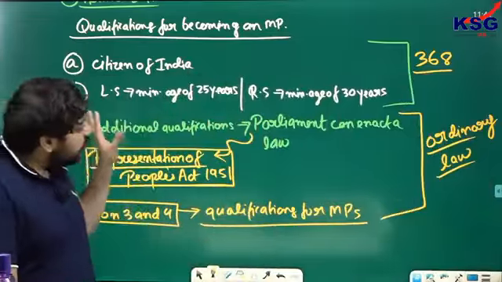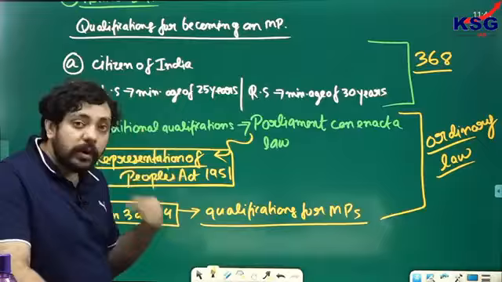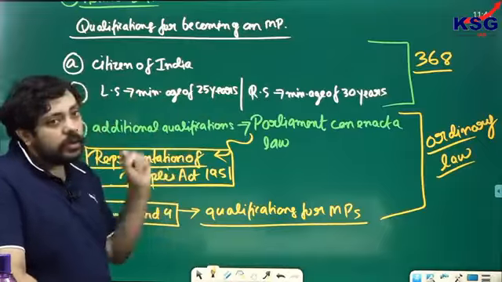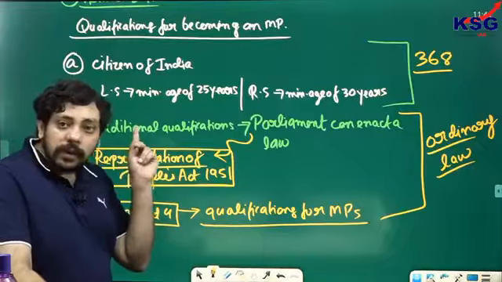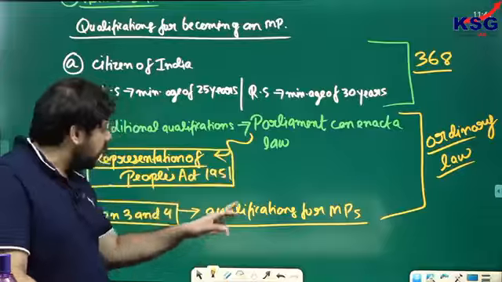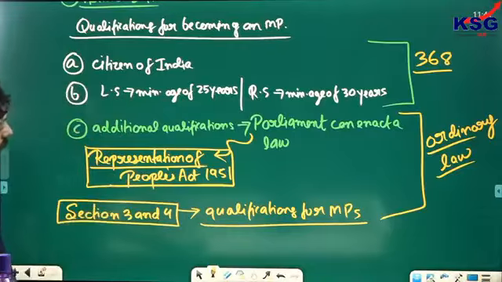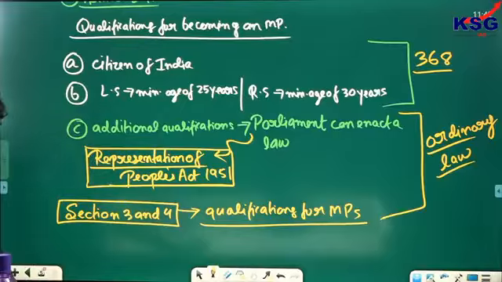So it is difficult for the parliament to amend this part because it is given in the Constitution, and to amend it you will require a Constitution Amendment Act. But with regard to this part, it is easy for the parliament to amend it, because it is an ordinary law, the Representation of People's Act. It is a law made by the parliament. So amendments can happen in this regard with these specifications.